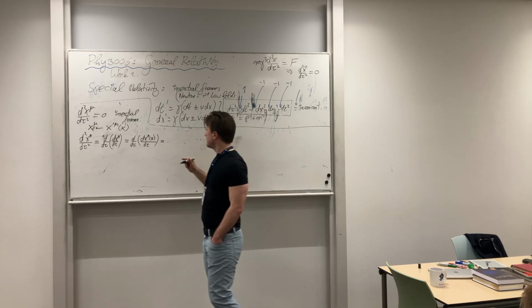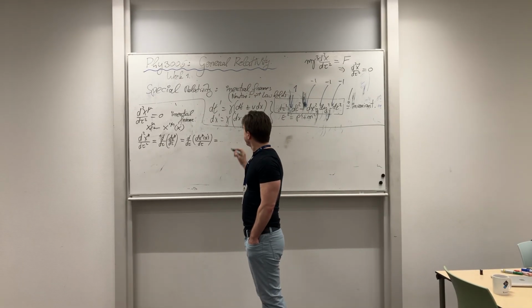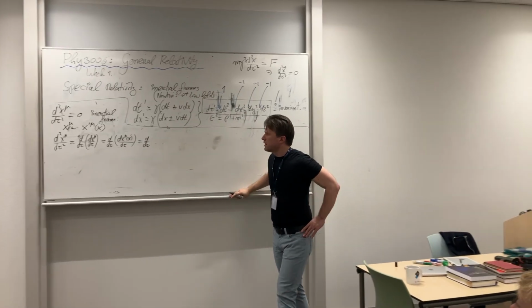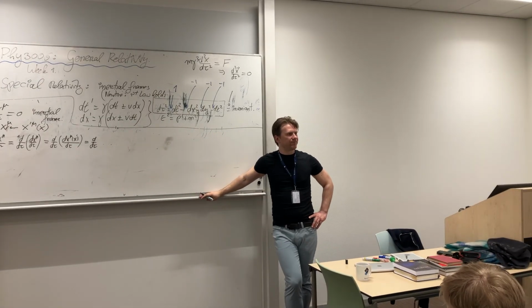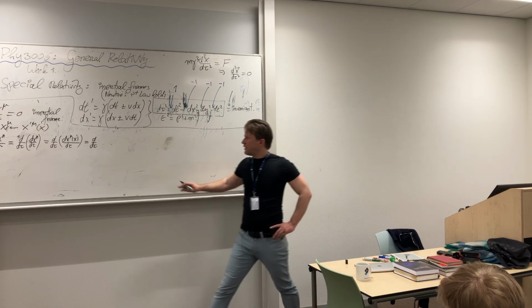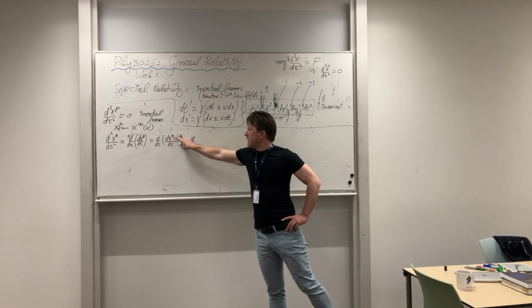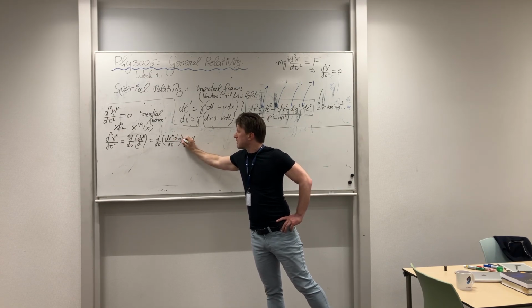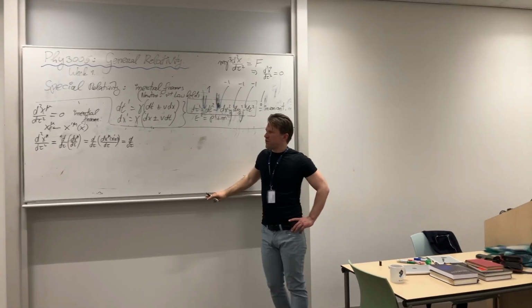Okay. So, suggestions. What do I do? I know that this guy is a function of primed, and I have to take the tau derivative. That guy is also a function of tau.